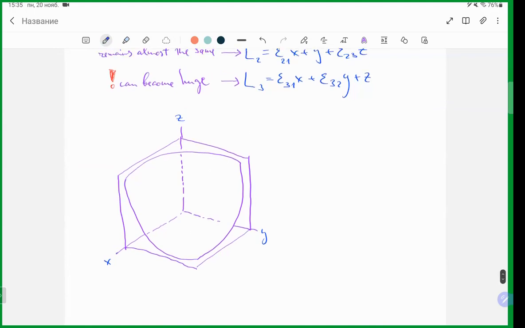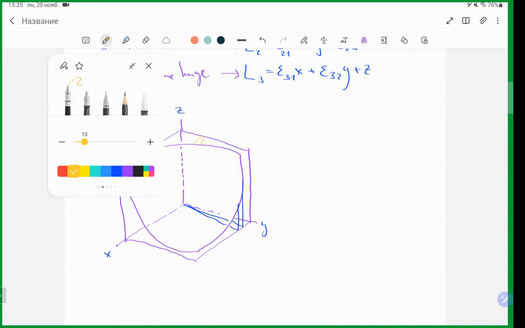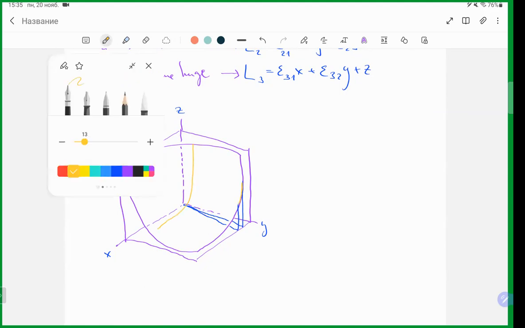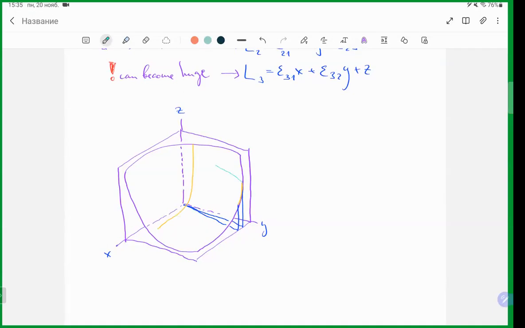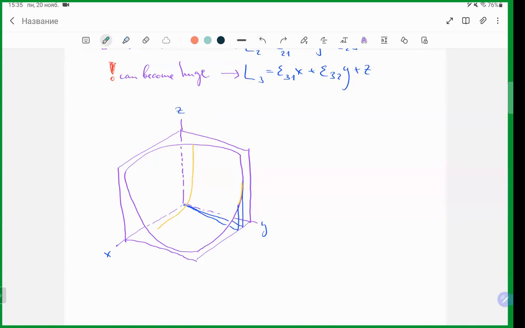I want my first form to look like this. This will be a thin sector, and here we have our yellow segment, and next the green ones, something like this.